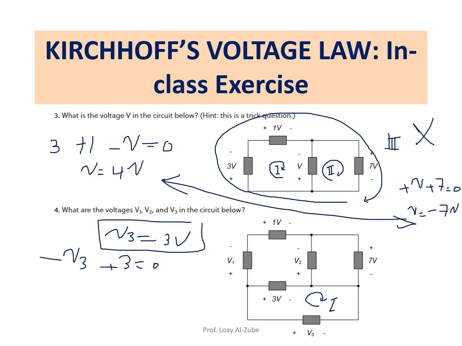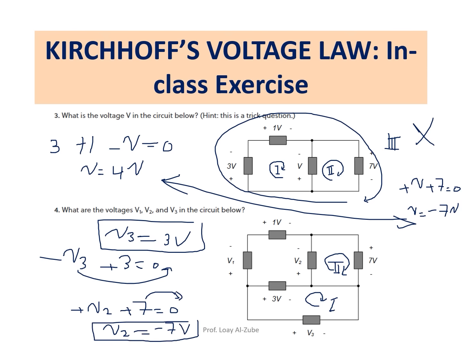You move it to the other side, change the sign, and then you have 3 volts. Now you can do the same thing for loop 2. I can go plus V2 plus 7 volts equals 0, right? So V2, move this 7 to the other side, change its sign, so that's minus 7 volts.